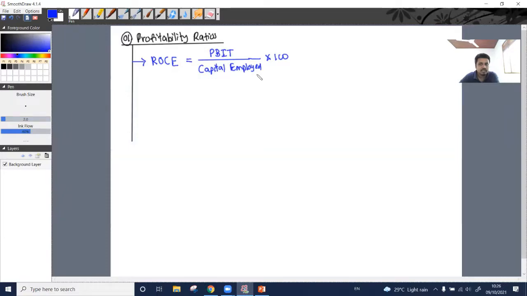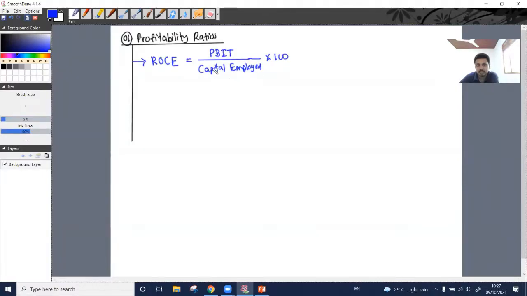Capital employed, there are two forms of capital. What are those two forms? One is equity capital and the other one is debt capital, right? So how can we compute capital employed?